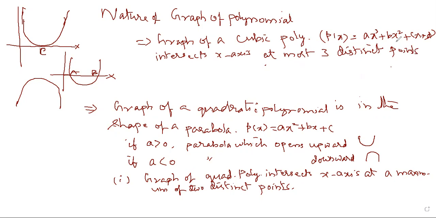Okay. So if degree is 2, it will intersect at most 2 points. If degree is 1, it will touch at 1 point. If degree is 3, it will intersect at 3 points. Okay, got it?